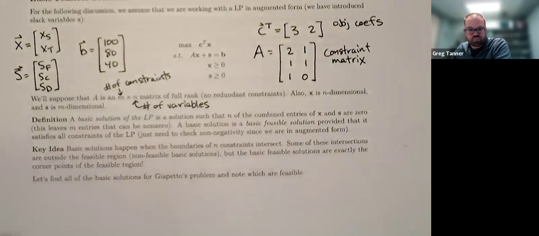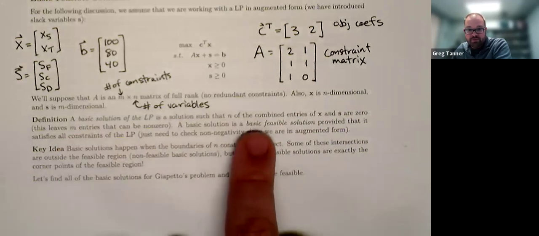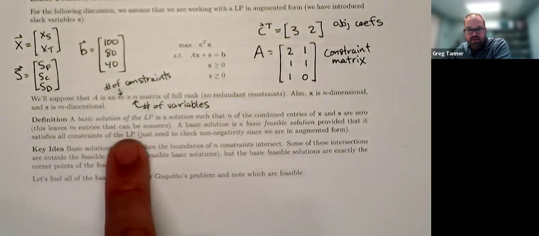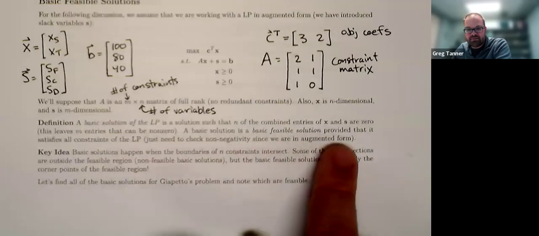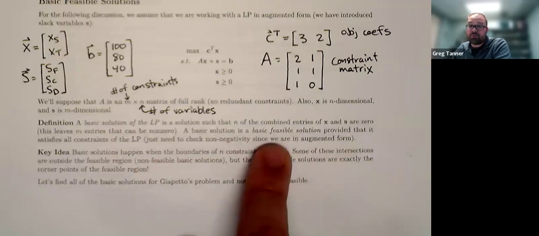Okay. It's a basic feasible solution provided that it satisfies all the constraints of the LP. And if we remember from the previous examples, once we've turned it into augmented format, the only thing we need to do to check whether it satisfies the constraints is check non-negativity on the slack variables and the original variables. So all we have to do is ask, are they non-negative? And if they're all non-negative, then we're good to go.